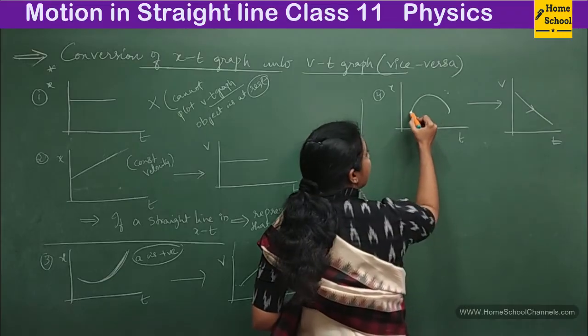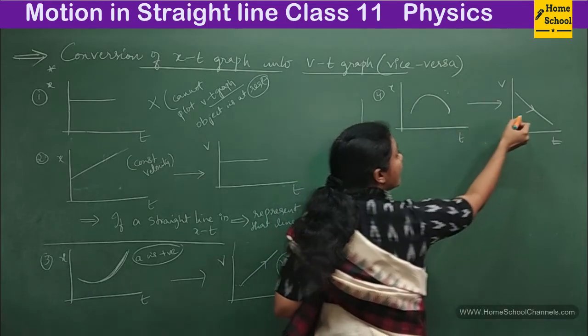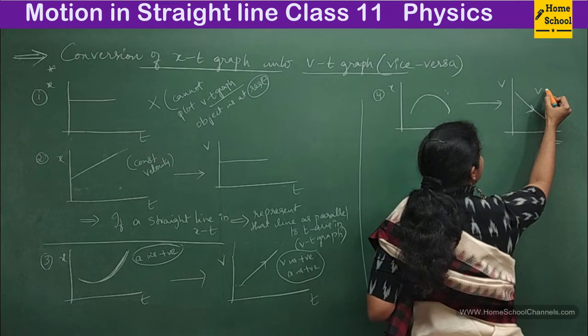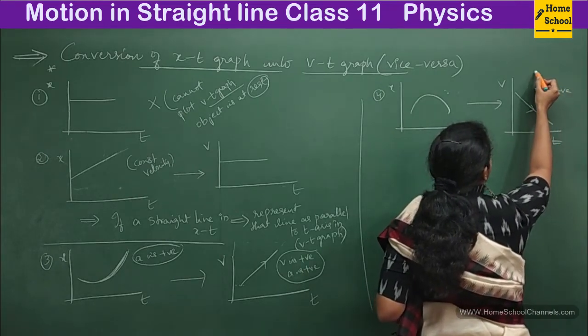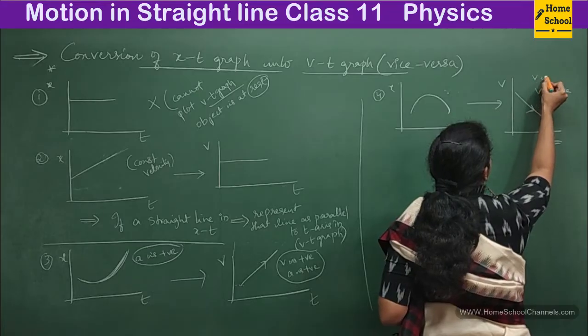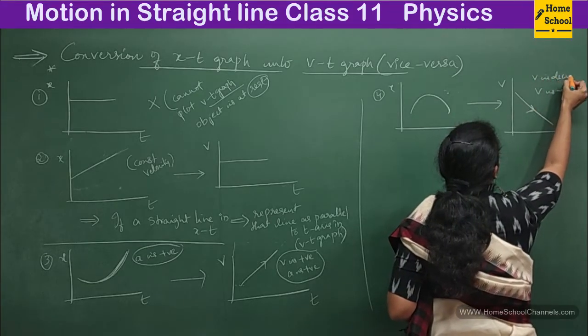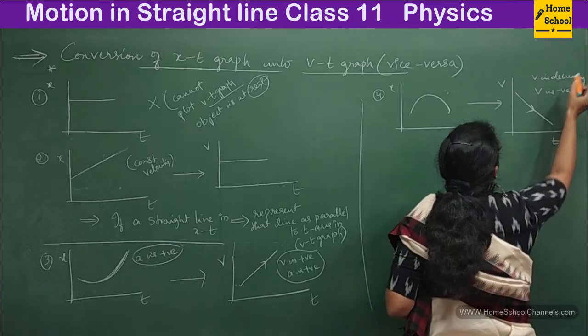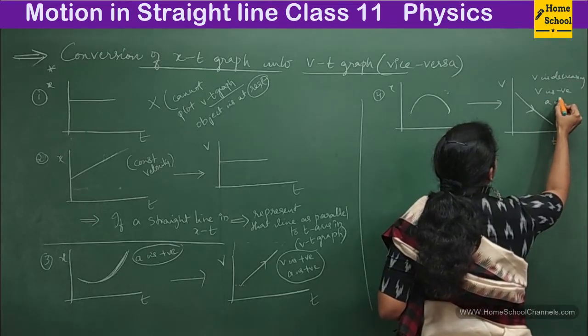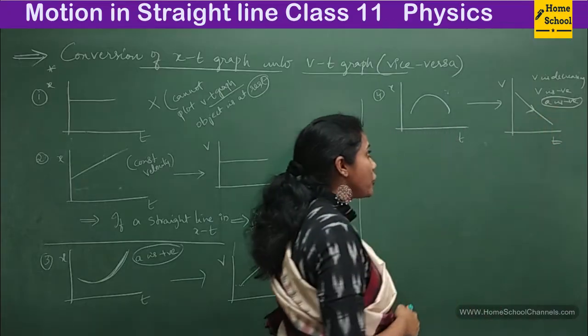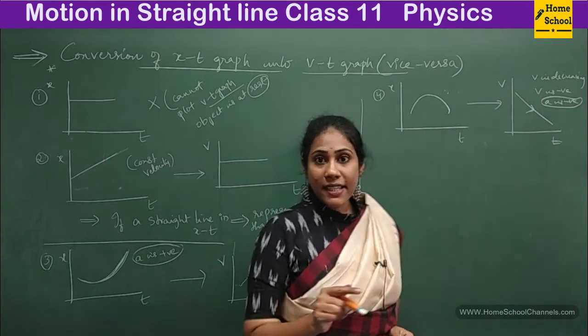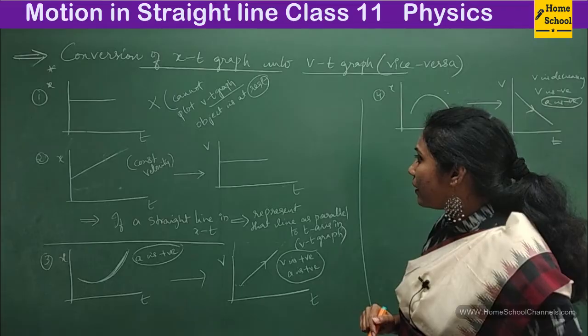A downward curve always indicates that V is decreasing. If V is decreasing, A is negative. For negative acceleration, this is what you will show. Is that clear?